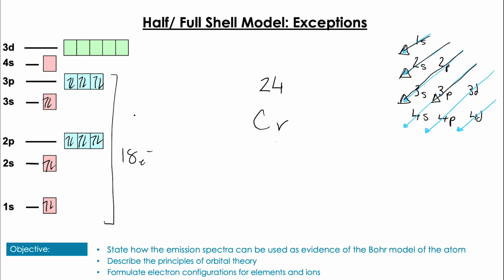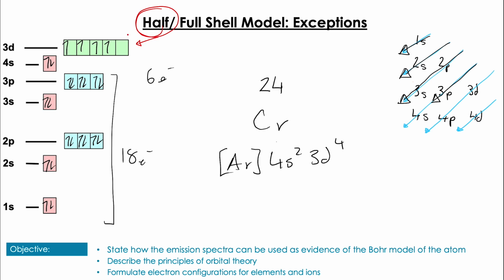Similarly with chromium, after we place those first 18 electrons, we have 6 remaining, which would give us 4s2 and 3d4. But chromium, being savvy as it is, realizes that instead of having a 4s2 3d4 configuration, it can move again one of its 4s electrons up to that 3d shell, which is going to give it one half-filled 3d shell and one half-filled 4s shell.